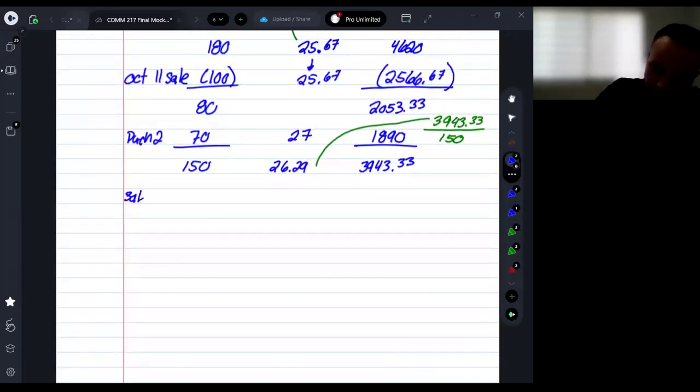So our sale two. This time we sold 60 units. Drag that down. 26.29 gives us 1577.4.